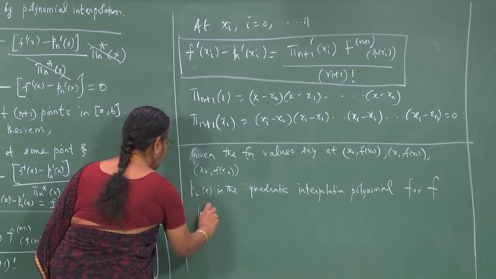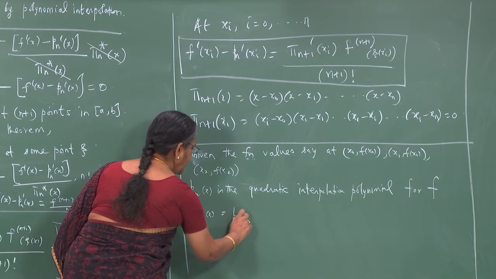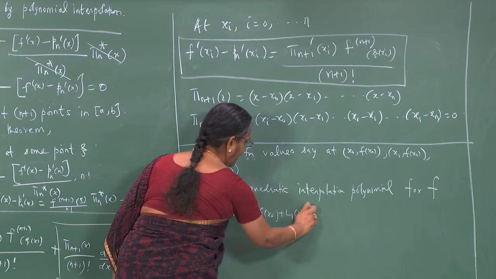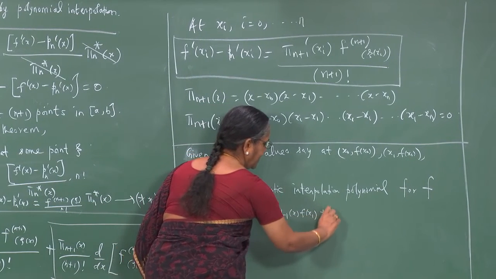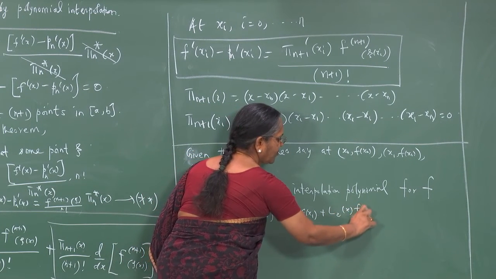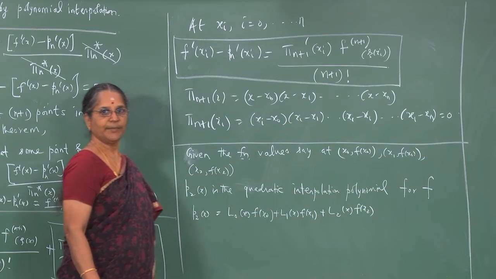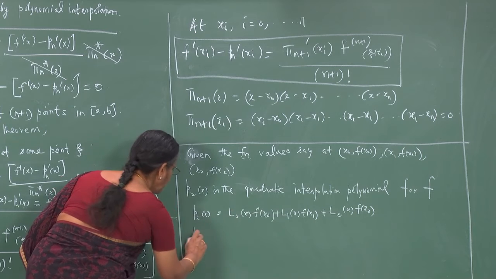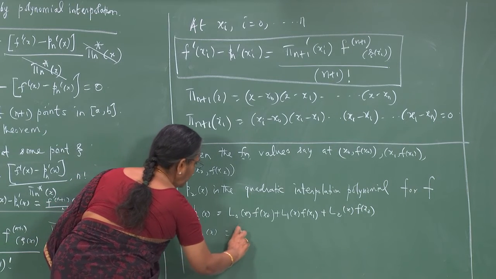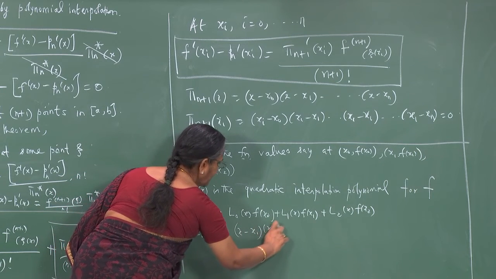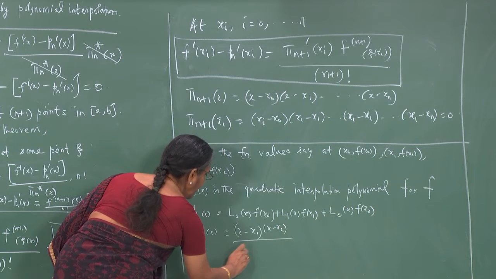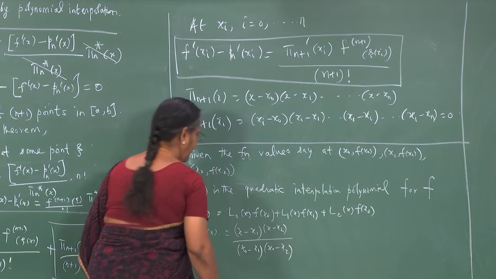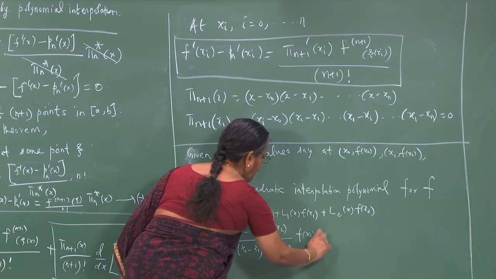So, what is P2 of x? We know P2 of x is L0 of x into f of x0 plus L1 of x into f of x1 plus L2 of x into f of x2. That is the interpolation polynomial. What are L0, L1, L2? L0 of x will be equal to (x minus x1) into (x minus x2) divided by (x0 minus x1) into (x0 minus x2), multiplied by f at x0.